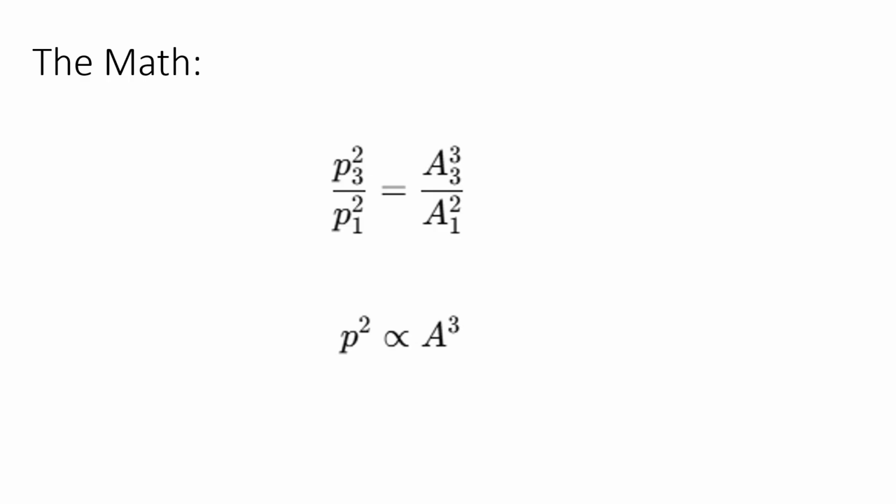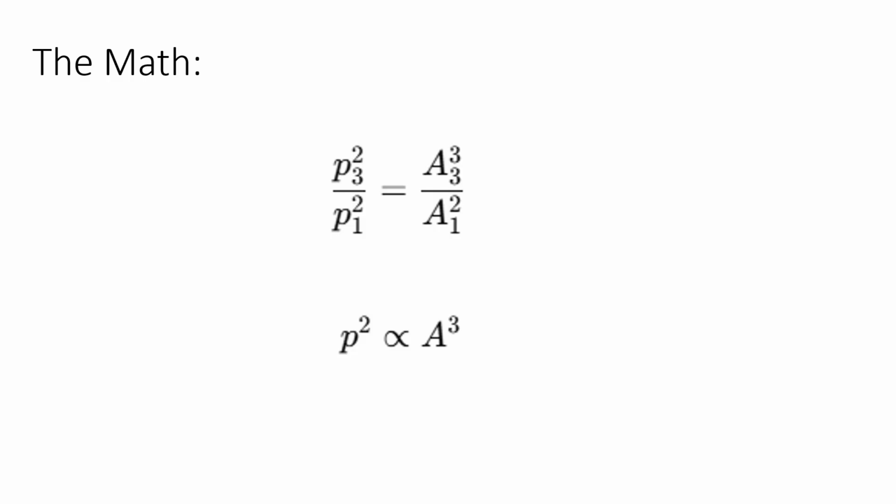What's presented here is basically a form of Kepler's third law, and this equation is used to identify the semi-major axis of A3, which is the planet that you're trying to identify, or it could be either way.